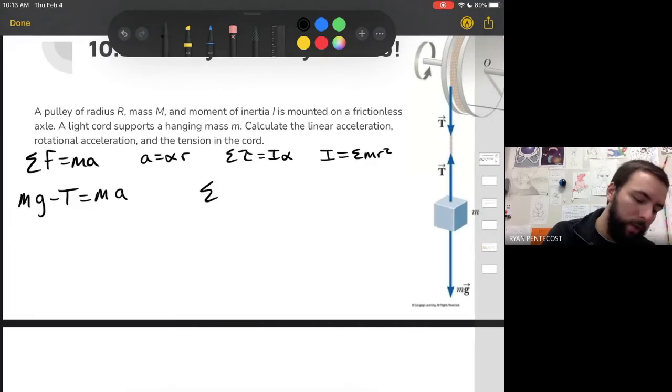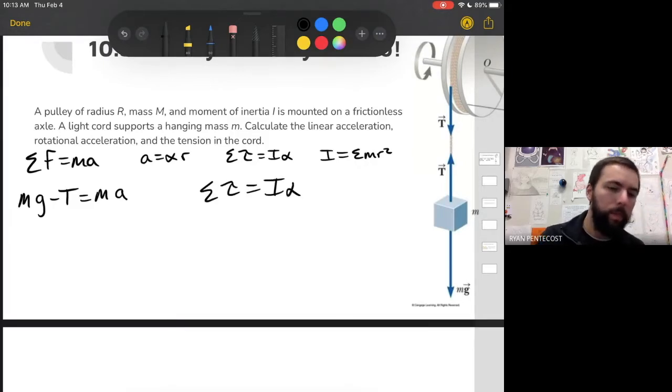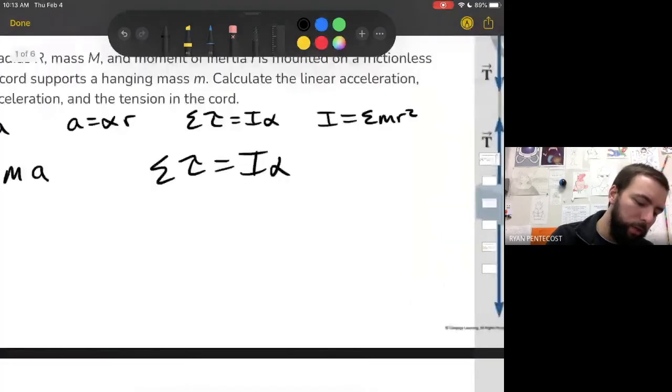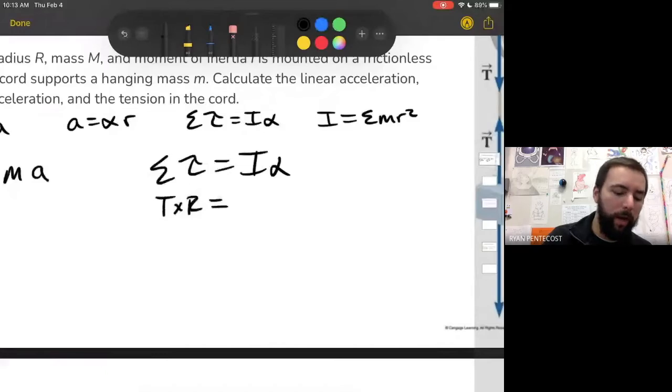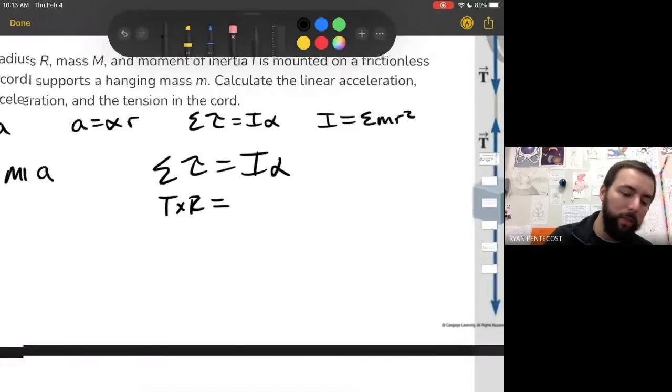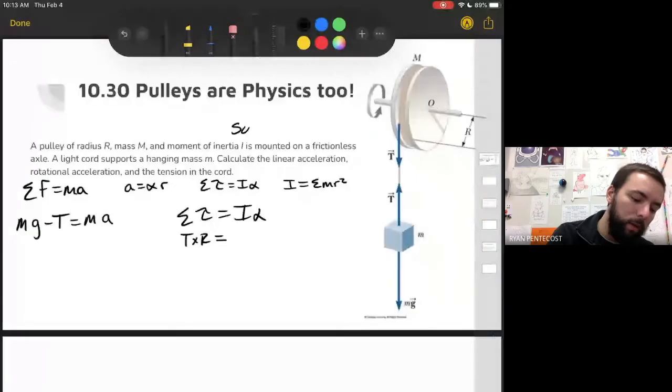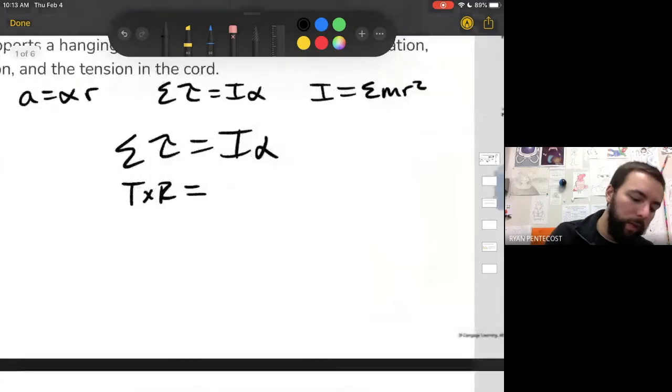We've got the summation of torque equals I alpha. Now the summation of torque here is tension crossed with the radius, which equals I alpha. We also know that this pulley is a solid disc or cylinder, which has a moment of inertia of mr squared over 2. So we'll go ahead and put that directly in here.